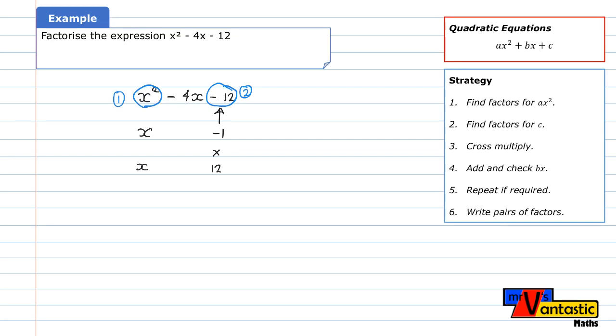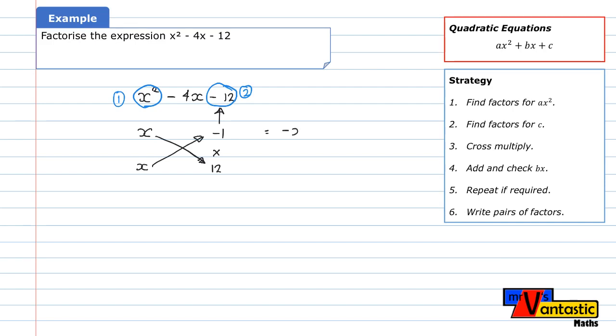What we're then going to do is cross multiply across these terms. We multiply x with -1, and x with 12, and we add them up and see what they add up to.